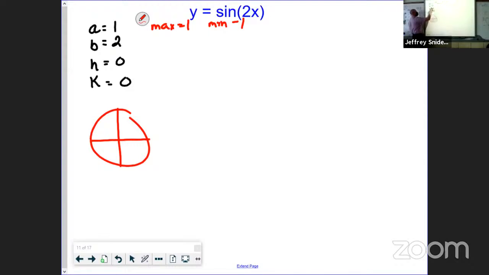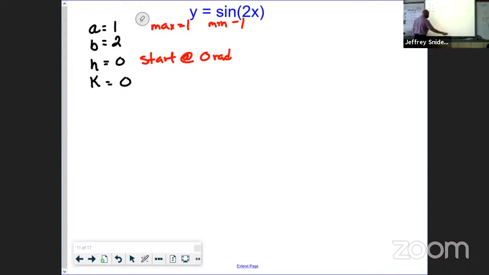This is telling me what angle I'm going to start at. This is an angle, guys, because remember, it's being added or subtracted from the angle in here. So I'm going to start at 0, and this is B in radians. That's how we're doing this problem. Okay? And then, of course, the midline is y equals 0.